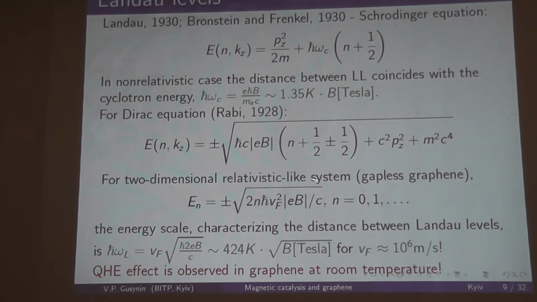In the two-dimensional case, for example graphene, the spectrum is simplified, so these two terms are absent. The energy scale, which characterizes the distance between the Landau levels, is given by this formula, and because of this large Landau scale, this is the reason why we observe quantum effects in graphene at room temperature.